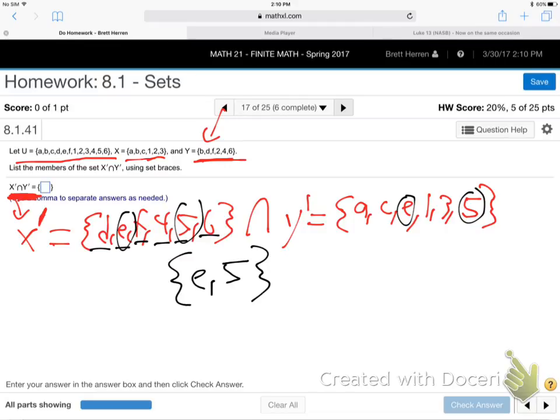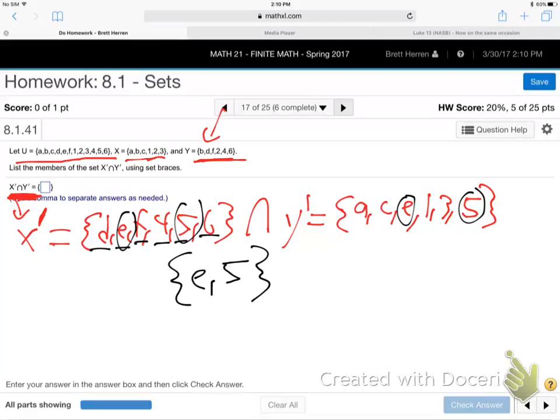There it is. E and 5 are the only 2 that are in the overlap. They're in both X complement and Y complement. Does that make sense? We good?